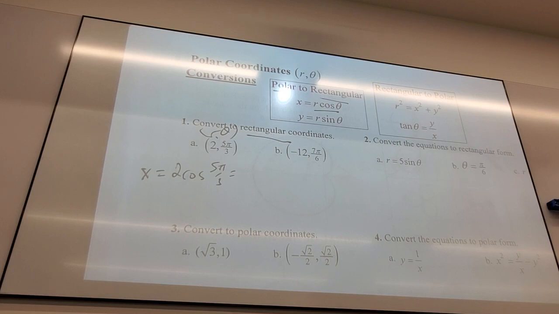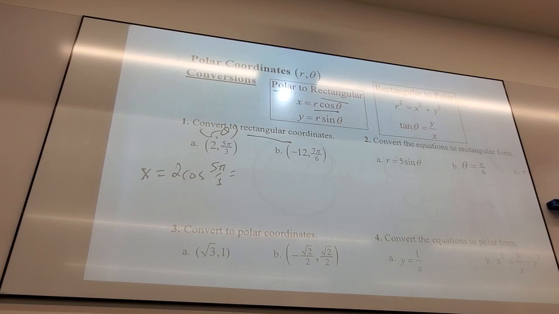What is cosine of 5 pi over 3? What quadrant is 5 pi over 3? Fourth quadrant. How do I know 5 pi over 3 is in the fourth quadrant? Because 6 pi over 3 is 2 pi, so I'm 1/3 of a pi short of it.